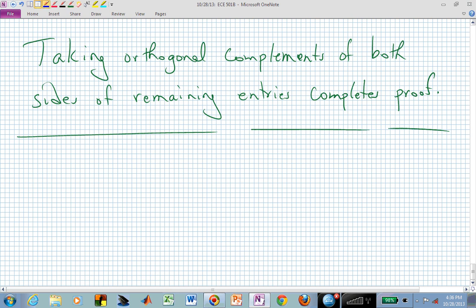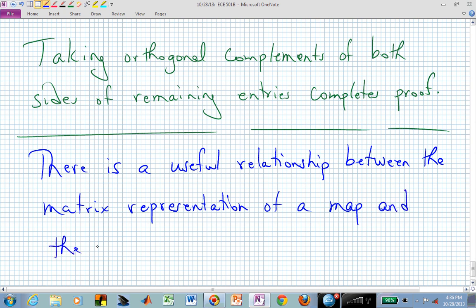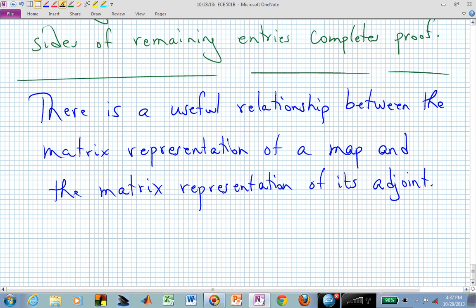First, though, let me say there's a useful relationship between the matrix representation of a map and the matrix representation of that map's adjoint. And that's proposition 647.